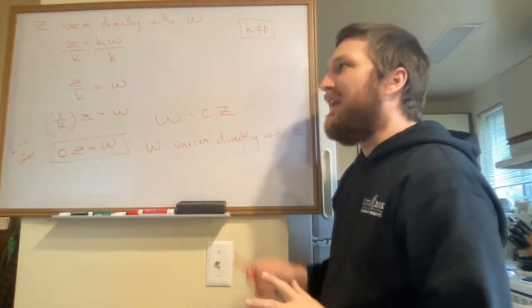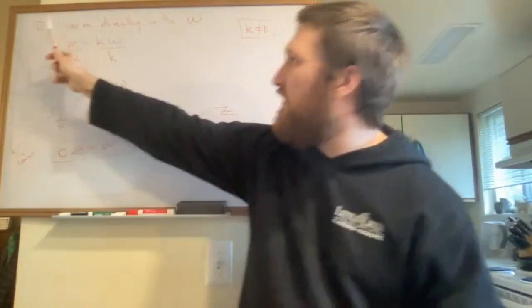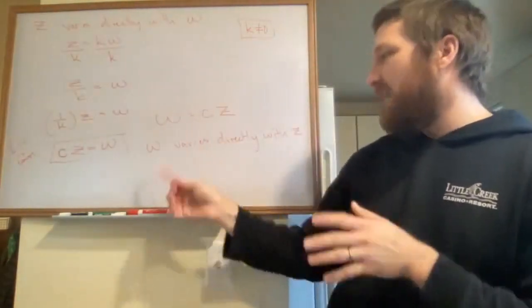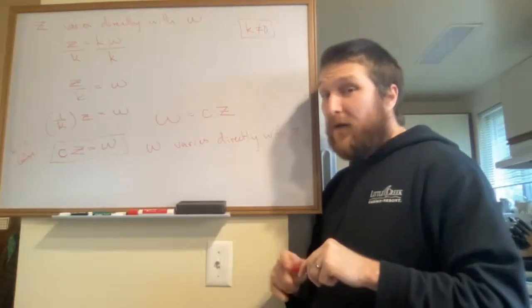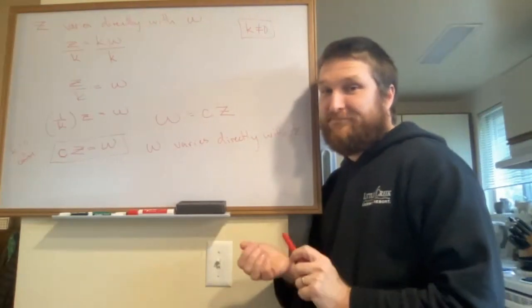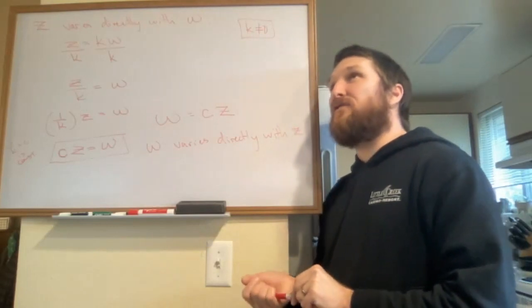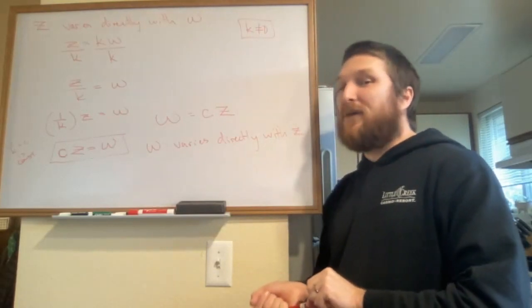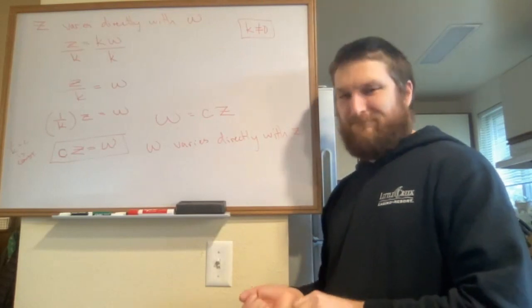It's good to know that this is a symmetric relationship: Z varies directly with W, therefore W varies directly with Z. Right. Guess what with inverse variation? If Y varies inversely with X, guess what X does with Y? X will vary inversely with Y.